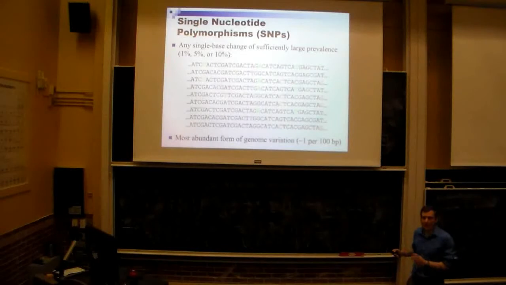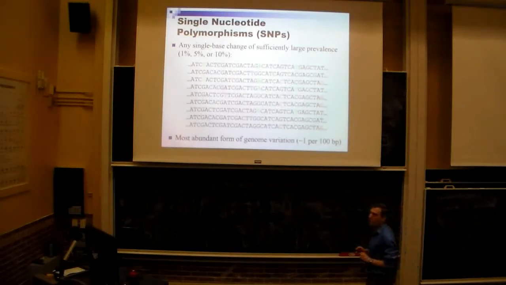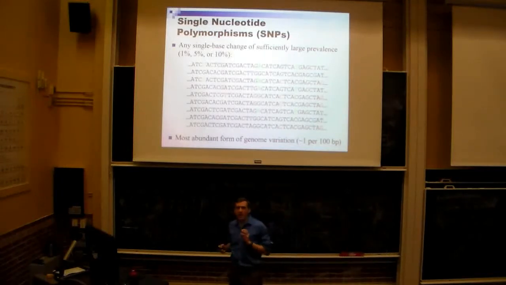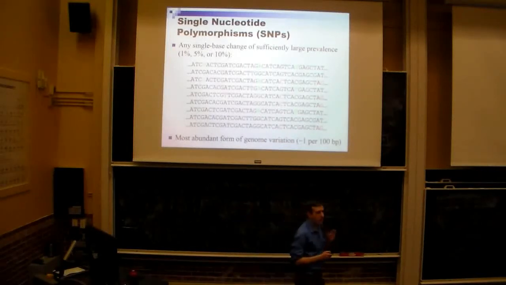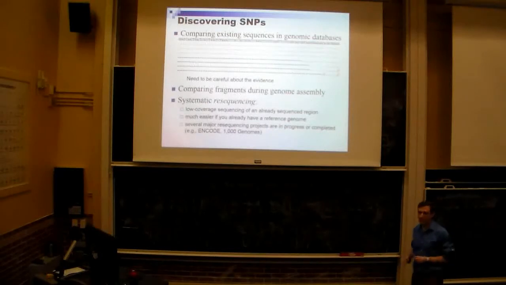Again, it depends on your exact definition, exactly which populations you're referring to, but ballpark 1 every 100 base pairs. And that is pretty frequent in the genome and good enough to allow you to pin down specific genes or even specific relatively fine-scale locations in specific genes.